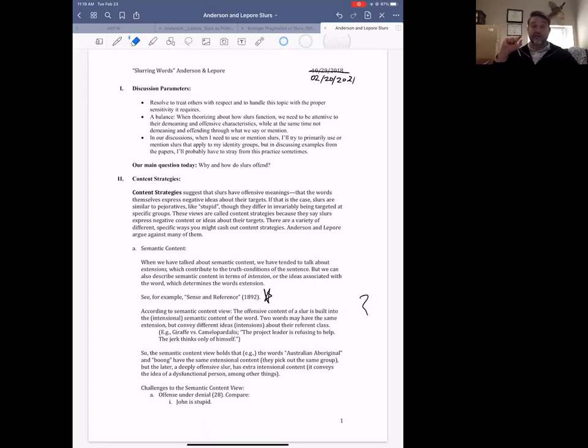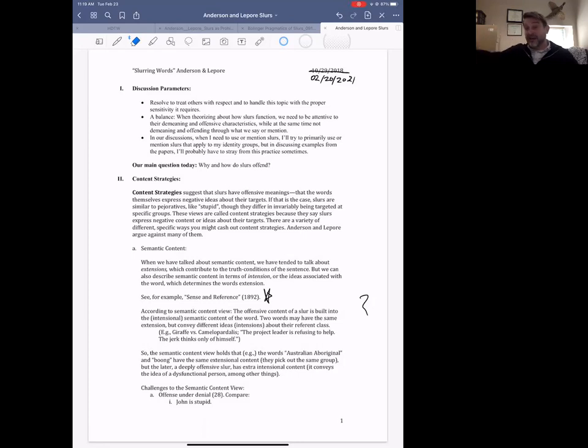A slur like the word "boon" in Australian carries with it the same reference that the words "Australian Aboriginal" carry.